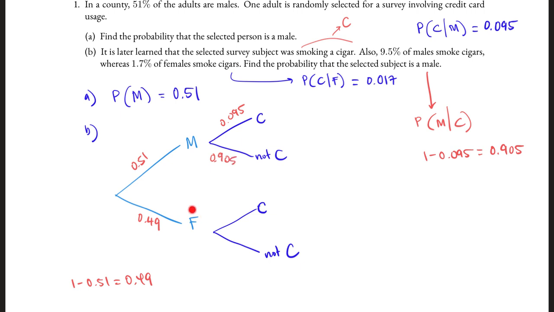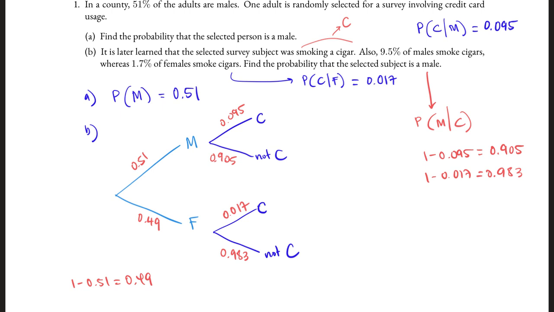Given that the selected subject is a female, the probability that she smokes cigars is 0.017, and 1 minus 0.017 is 0.983. Remember that every time we use the tree diagram, the probabilities from the branches coming out from the same point need to add up to 1. And this is why we take 1 minus.